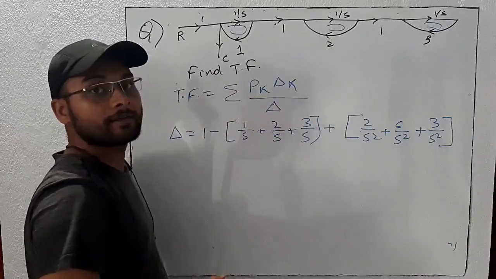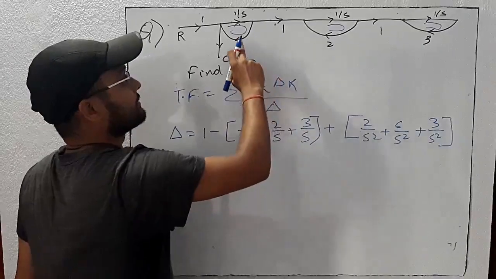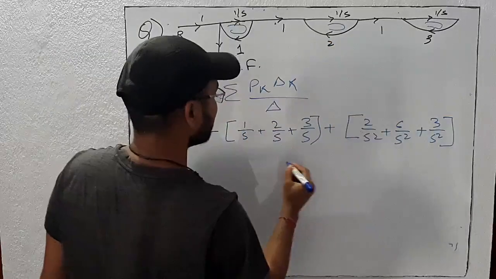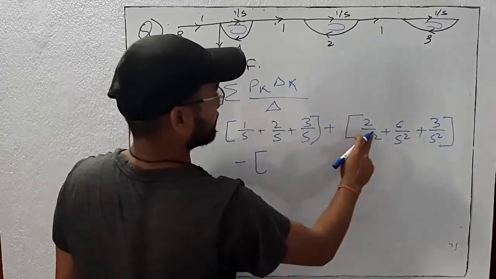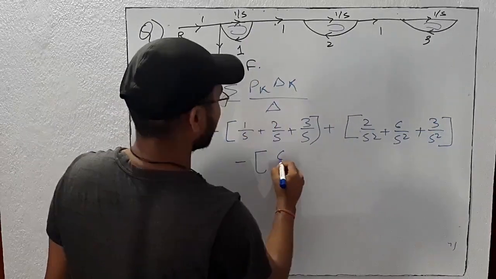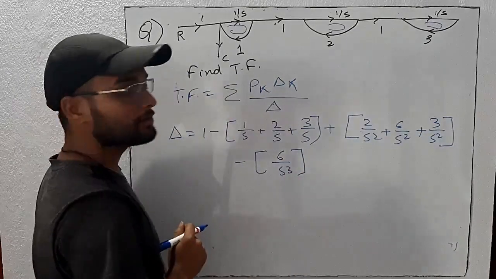And again the product of three non-touching loop gains. So these three are also non-touching loops. So it will be minus, and the product will be 6 by s cube. Finally, this is our delta value.